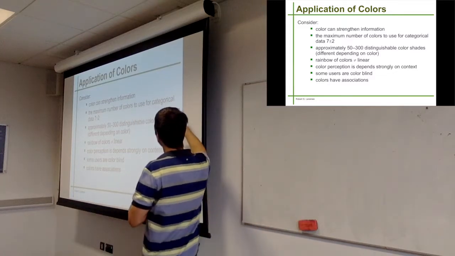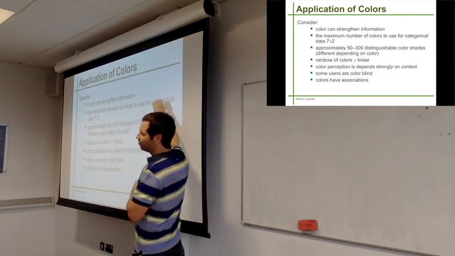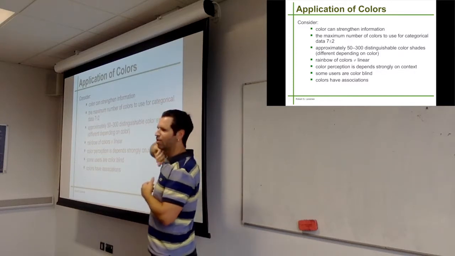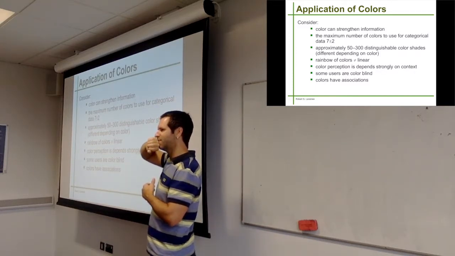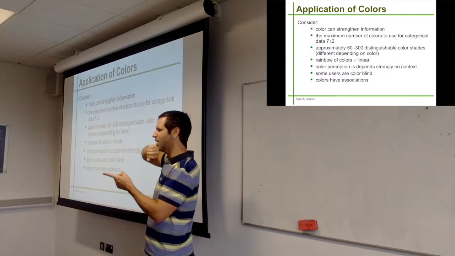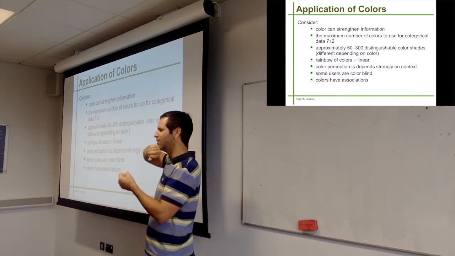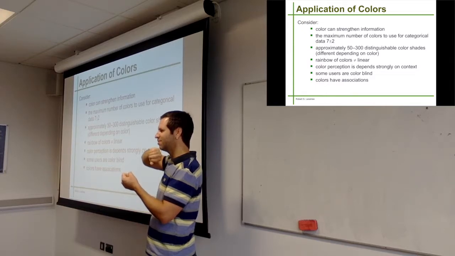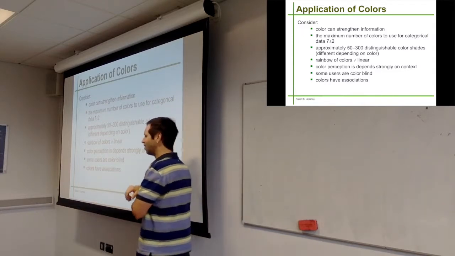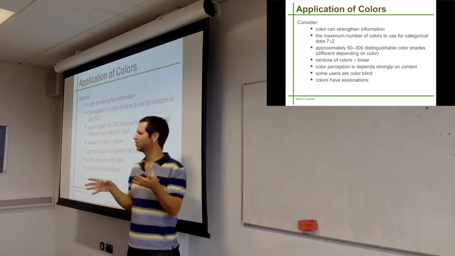Now, categorical data, does anybody understand what this term categorical data means? Lou, what would you say? Well, it's like when you've got a number of, I guess sports is like an example, like football, rugby, tennis. That's right. So any number of groups.